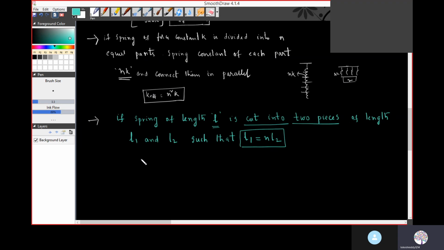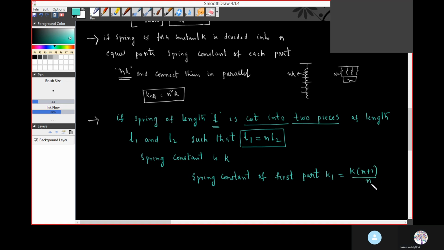Now, if the spring constant is K, then the spring constant of the first part, K1, will be equal to K into (n plus 1) by n.